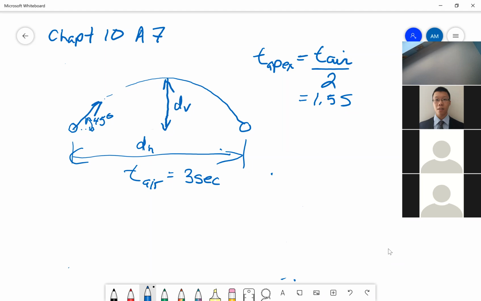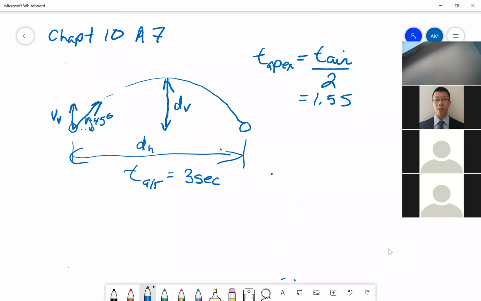So it starts off with a V1, that would be the vertical component of the velocity at the start, and then it has a vertical velocity of 0 at the top, which is the apex. That's what defines the apex. It changes direction, so the vertical velocity passes through 0. It stops going up and it starts to go down.